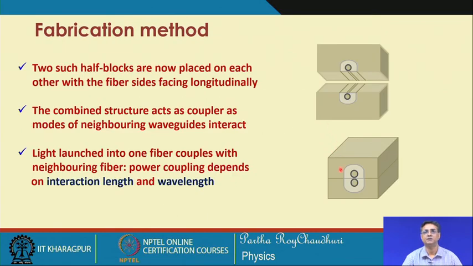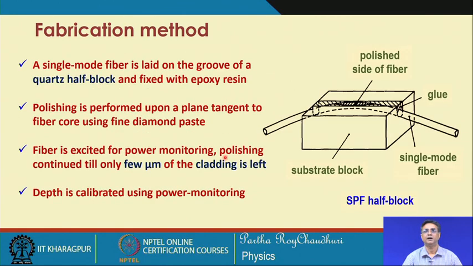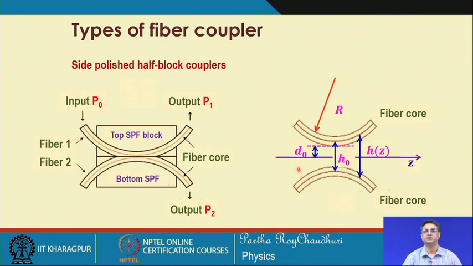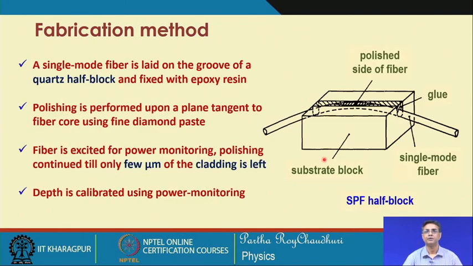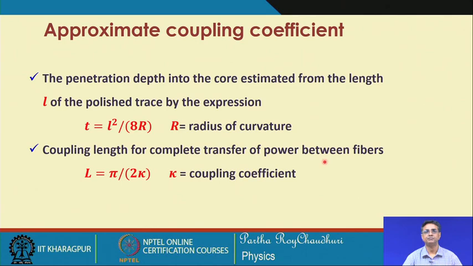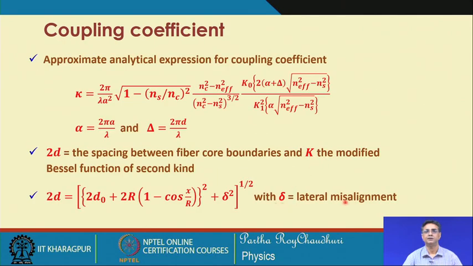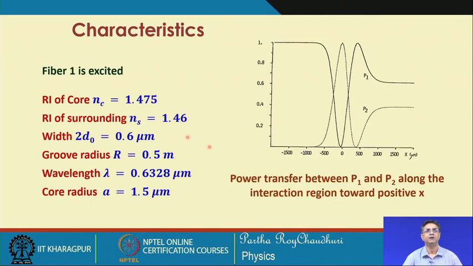You have to look at this. If they are misaligned laterally by an amount delta, this is the structure, d0, at any finite distance from the center of the two fibers. So, delta is the lateral misalignment.